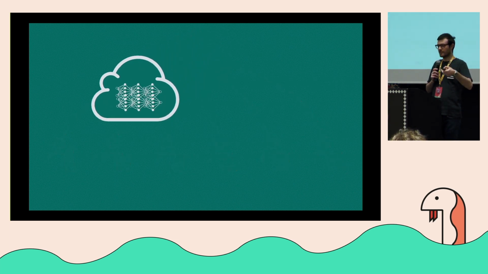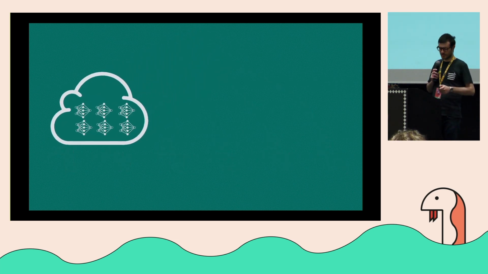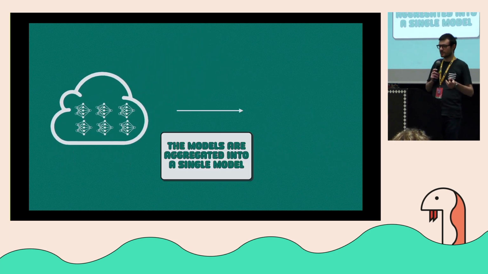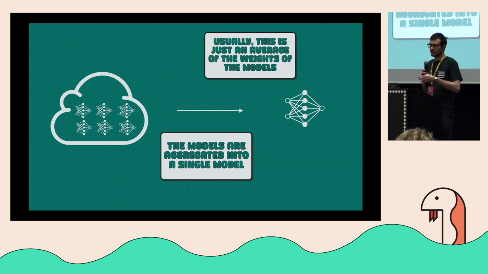Then the server takes these 6 models, in this case, and it has to aggregate them into a single one. Usually, this process is done with a strategy that is just the weighted average of the weights of the model, and this algorithm is called federated average. This is more or less the baseline algorithm for federated learning.